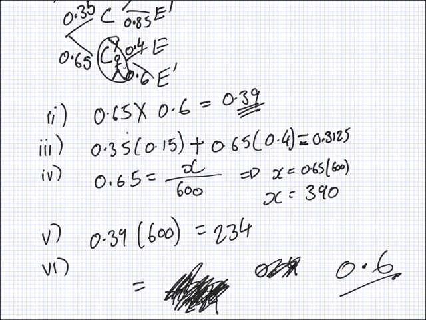Sir, I have a good question. It's 234 divided by 390, right? For the last part? No, forget about it. You just think about it as a probability. You're standing there and it's 0.6.